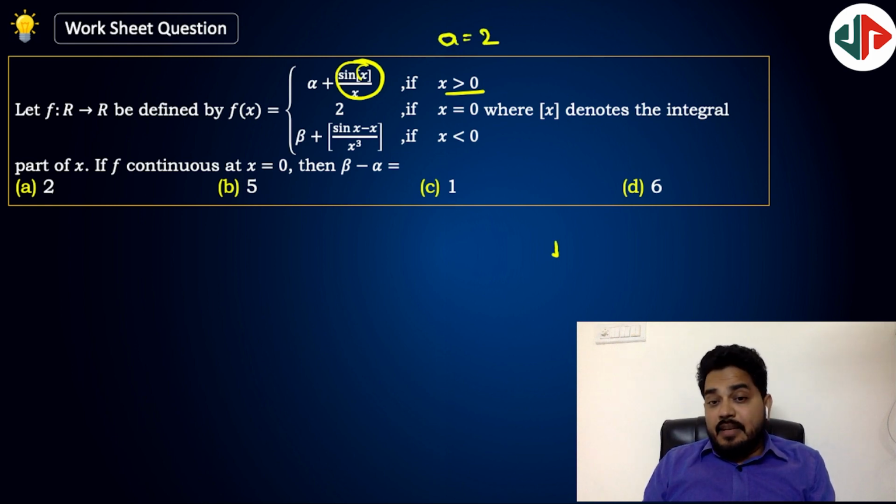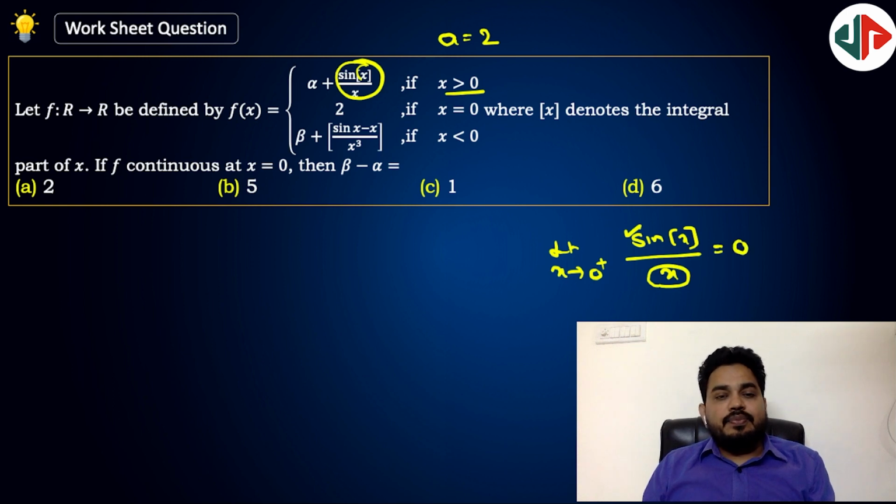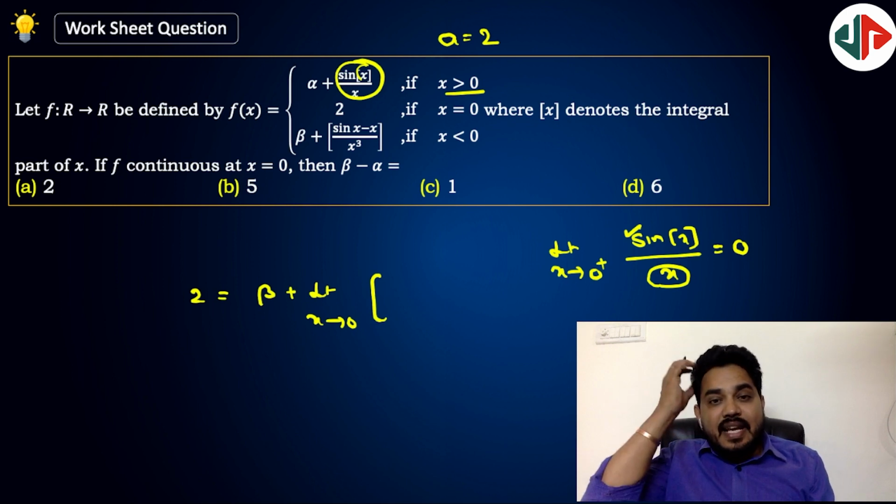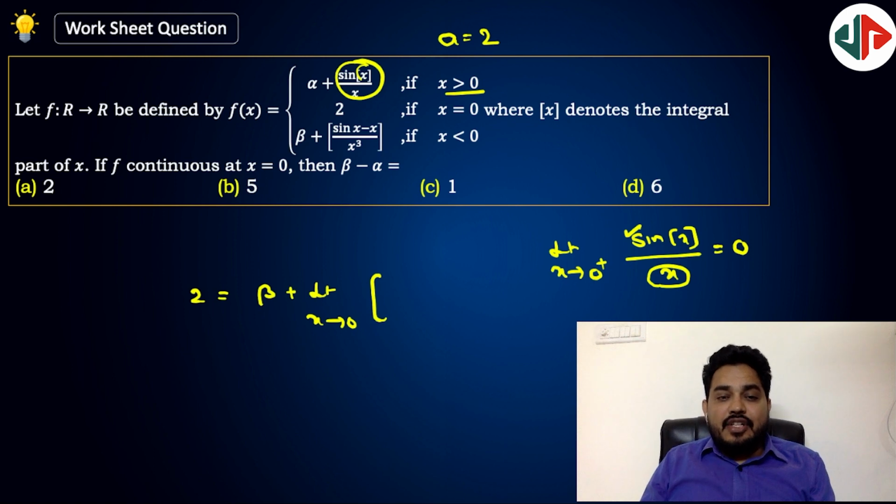Look at here. Limit x tending to 0 plus sine of step x by x. So this is going to 0, but already this is 0. So the value will be equal to 0. A is equal to, so 2 is equal to beta plus limit x tending to 0 step of sin x minus x by x cube.